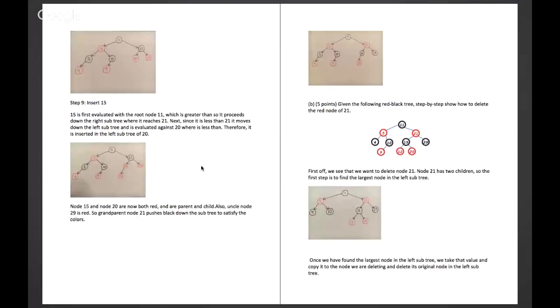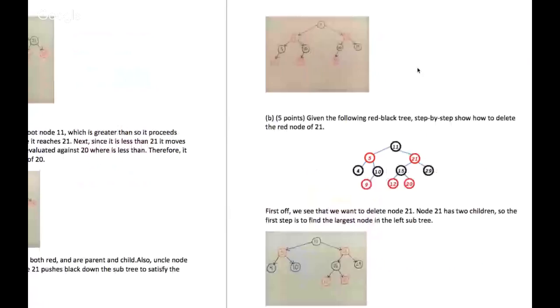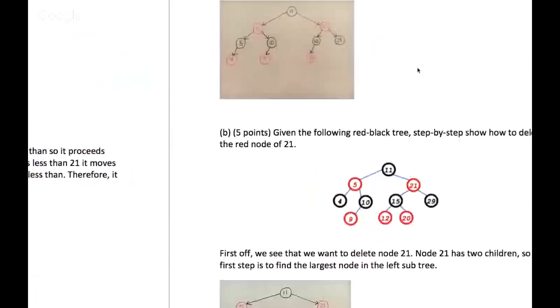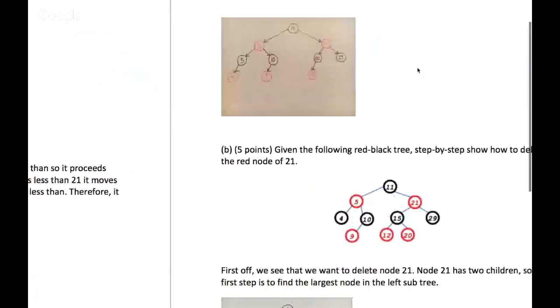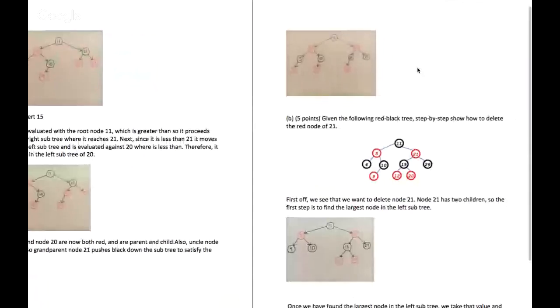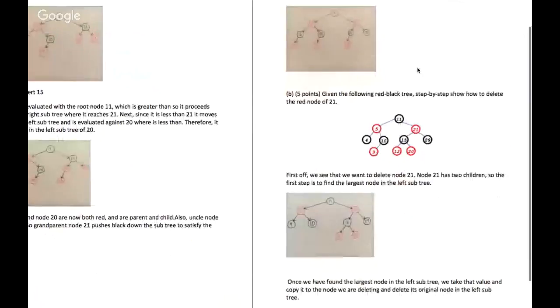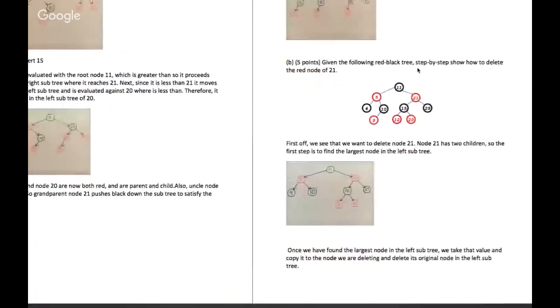So this is a very similar tree. Moving on, we want to delete the red node 21.